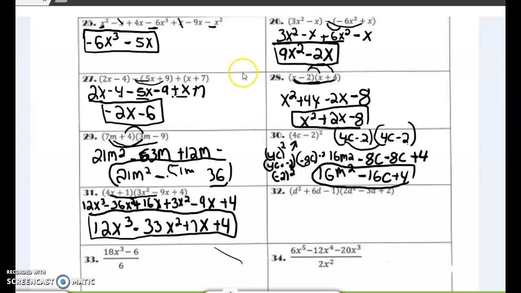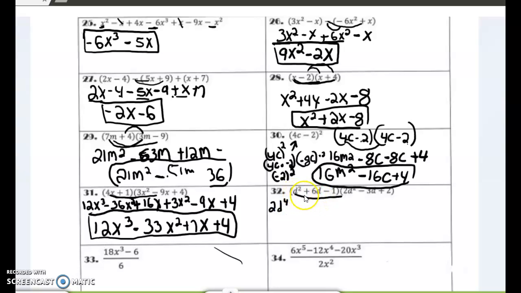All right, kind of the next one here. We're going to get a lot of terms that we're going to need to combine at the end. So let's get to it. We got a 2d to the fourth.